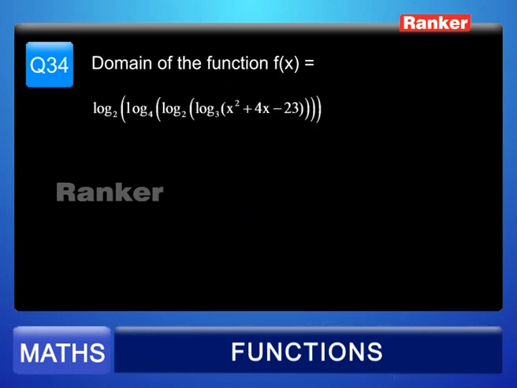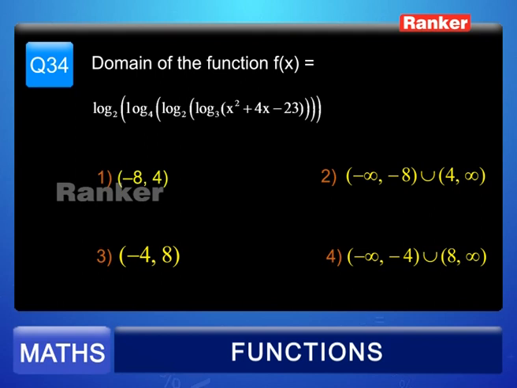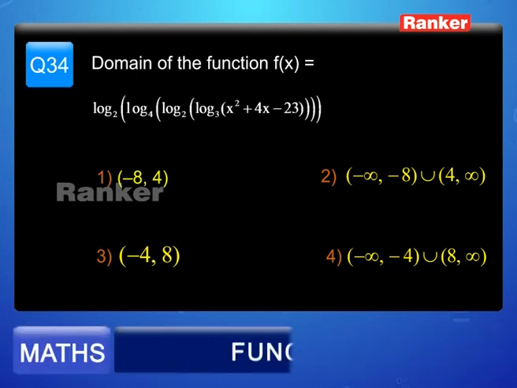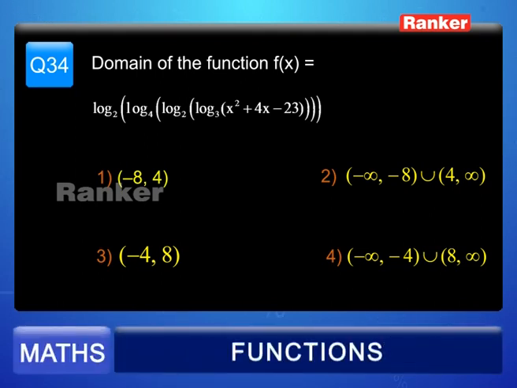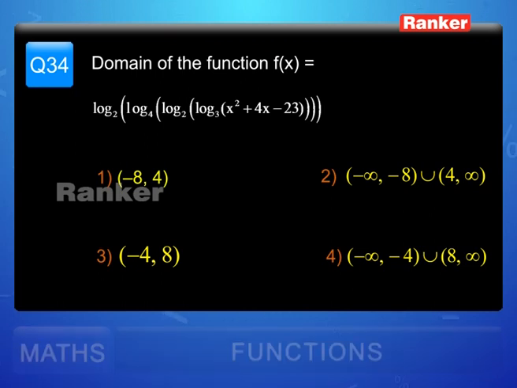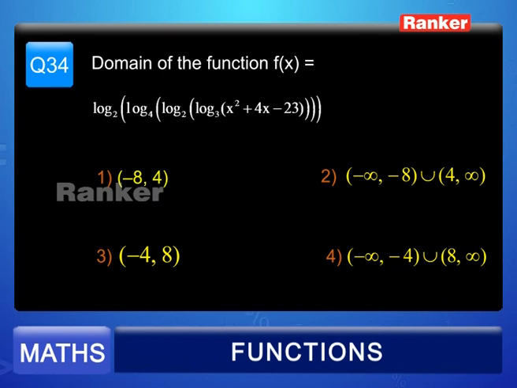Domain of the function f of x is equal to log to the base 2 of log to the base 4 of log to the base 2 of log to the base 3 of x squared plus 4x minus 23. This we require. So, a repeated application of the logarithmic function has been seen here.